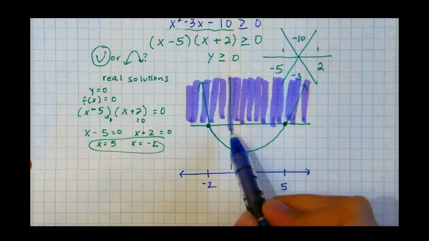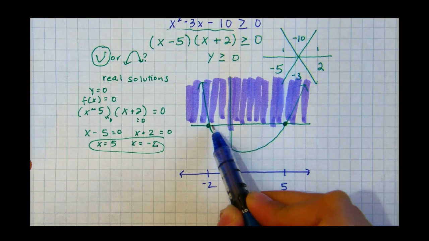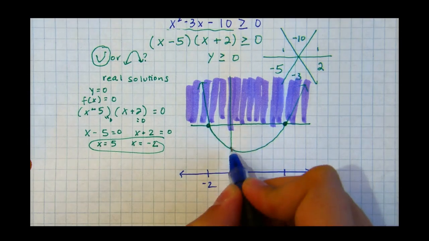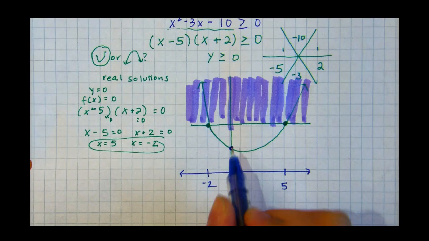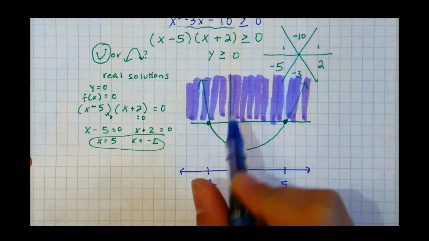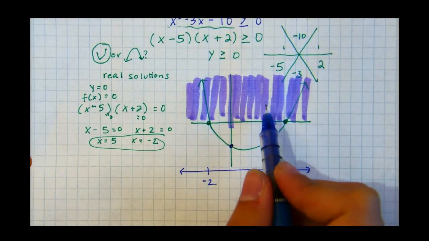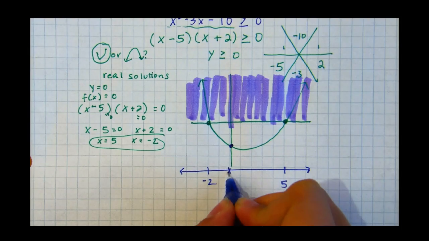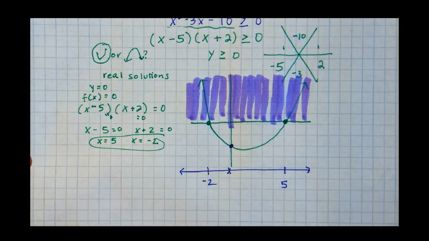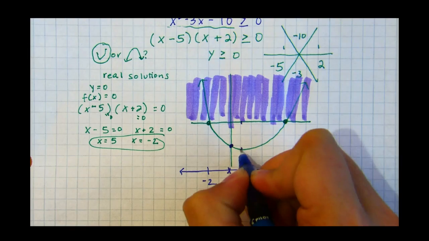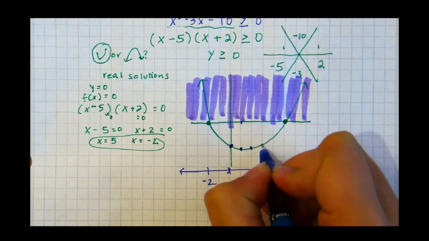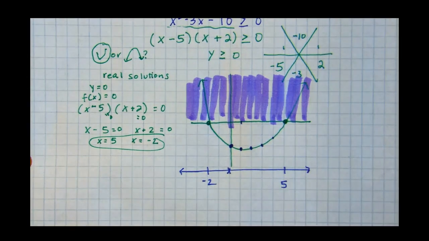Well, if you test some values at 0, so at x equals 0, which is in between negative 2 and 5, my graph is down here. This point is not in the shaded section, so 0 would not be considered a solution. Same thing with 1, same thing with 2, 3, and 4. They're all not in the shaded section.